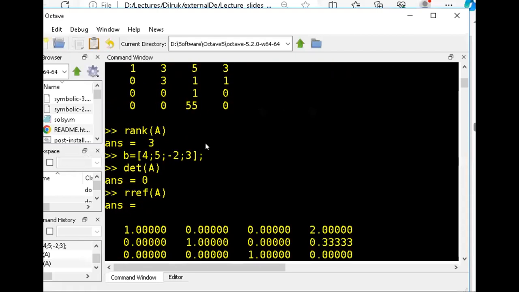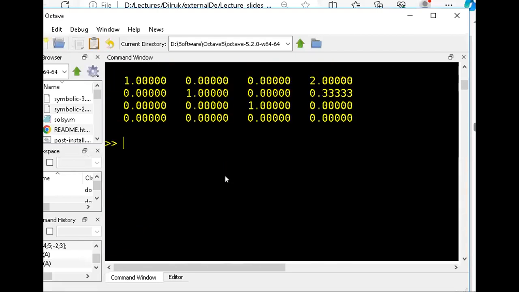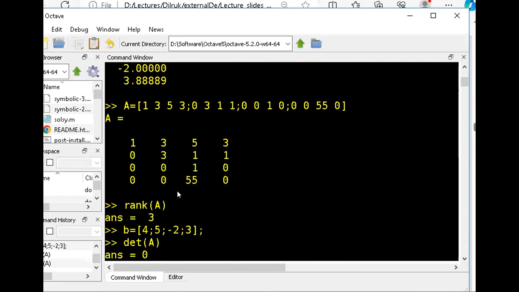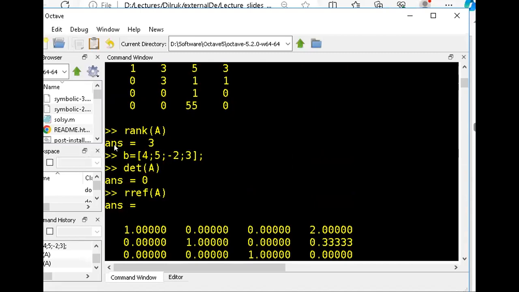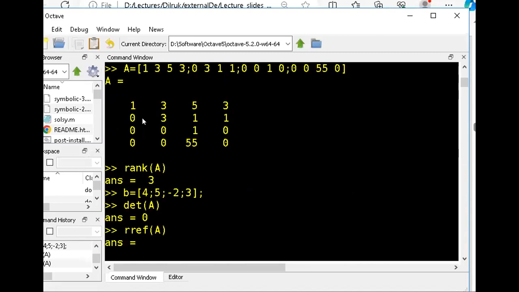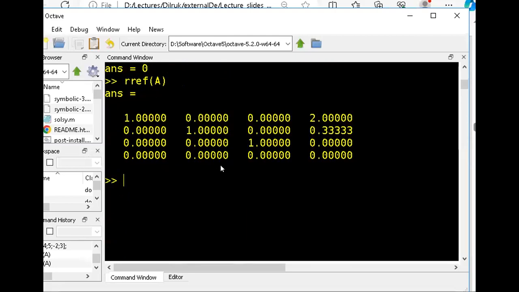This is your coefficient matrix and this is your right hand side. We consider both the coefficient matrix and the right hand side together, which is called the augmented matrix. I will denote it like this.